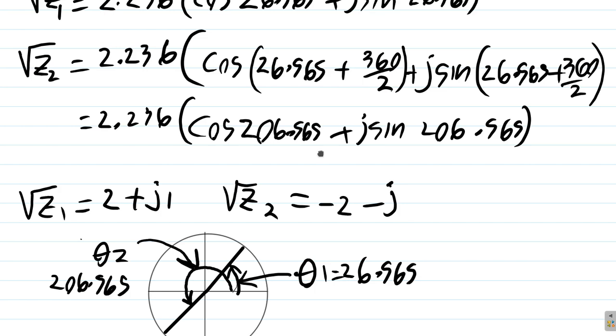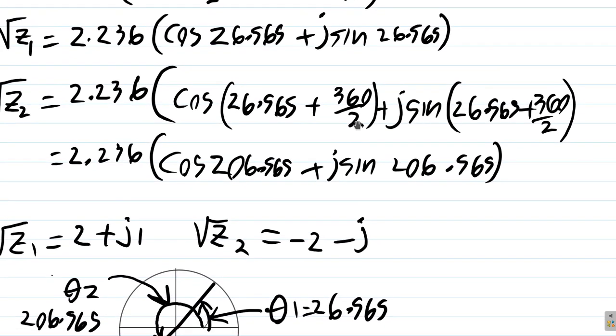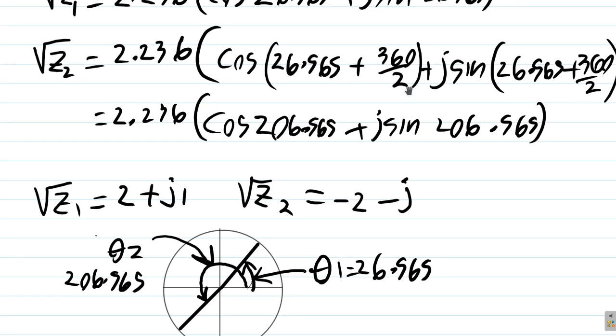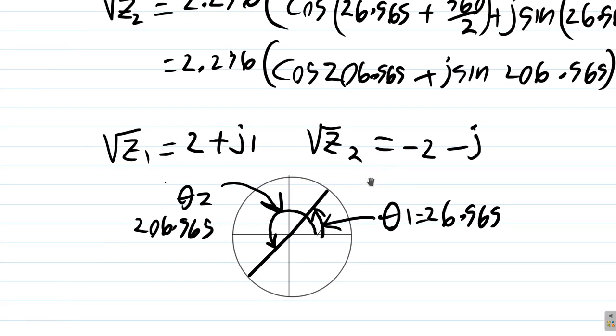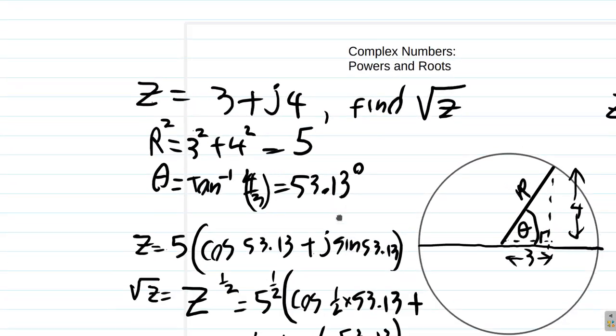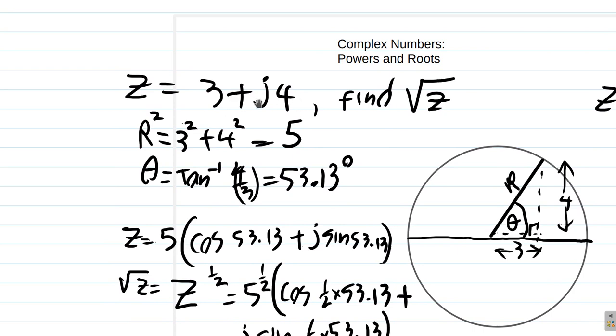You have 2 square roots, so it divides the 360 into 2 parts, or in the case of radians, the 2 pi into 2 parts. If it was cube roots, there would be 3 of them, and you divide the 360 by 3, or the 2 pi by 3, and so on. In fact, I'm planning in the next video to find the 3 cube roots of this.